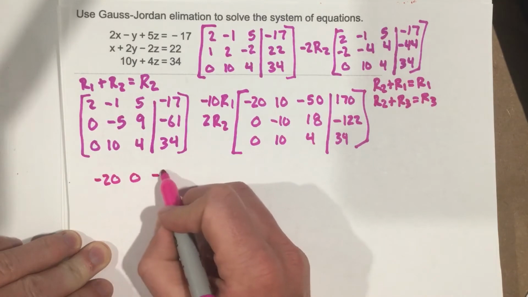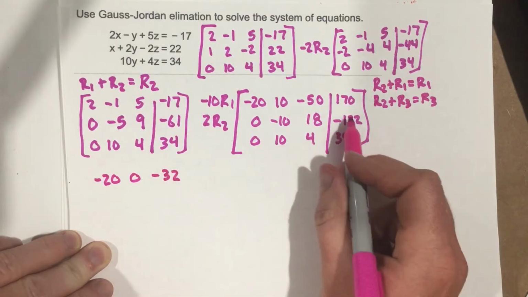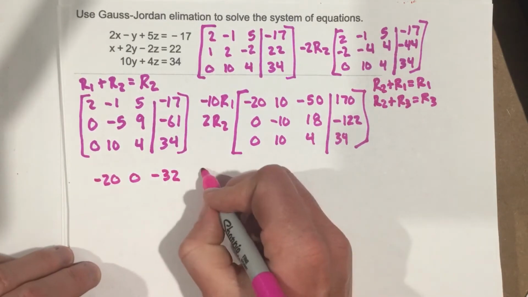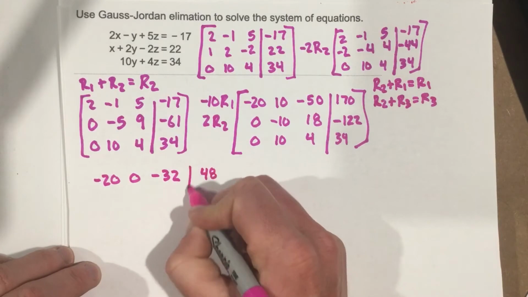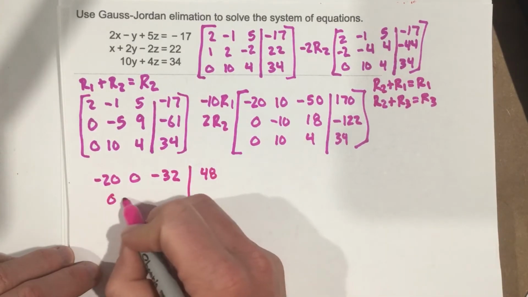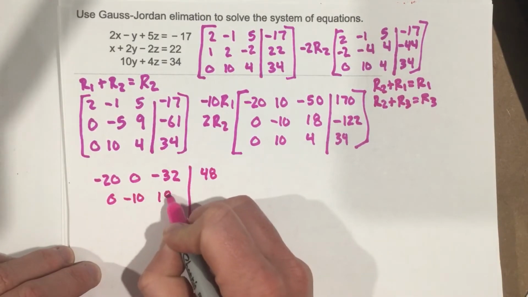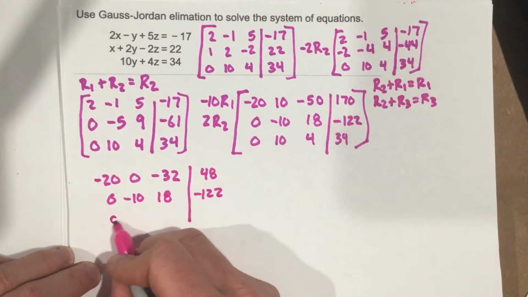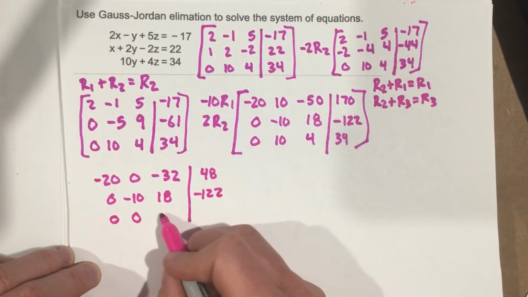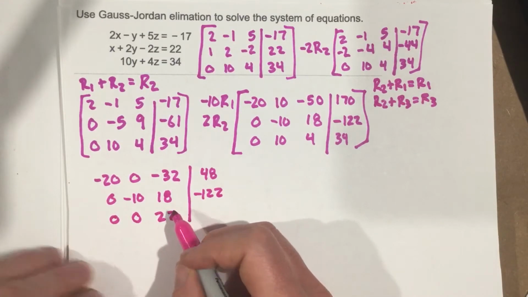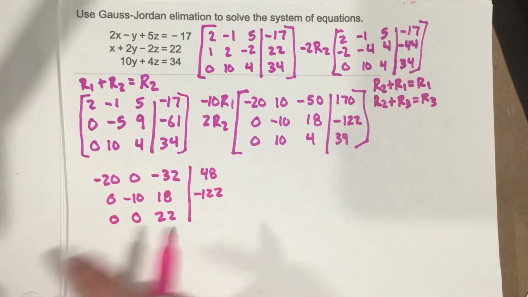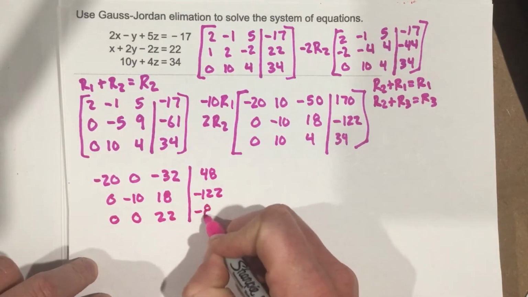I'll get -32. And I'll get 170 minus 122, 48. This is 0, -10, 18, -122. And now I do the bottom, so that's 0, 0, 22, and -122 plus 34.